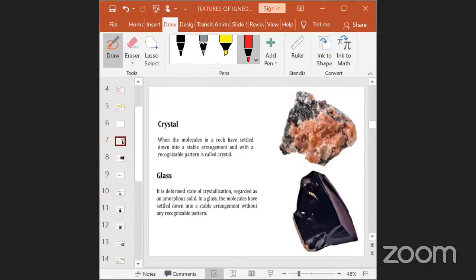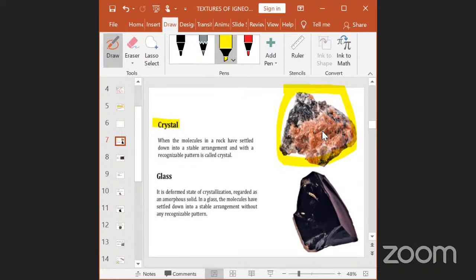First of all, you see what is a crystal and what is glass. You see the difference between crystal and glass here. The first one is crystal, right? You observe this picture. This is the crystal form, right?